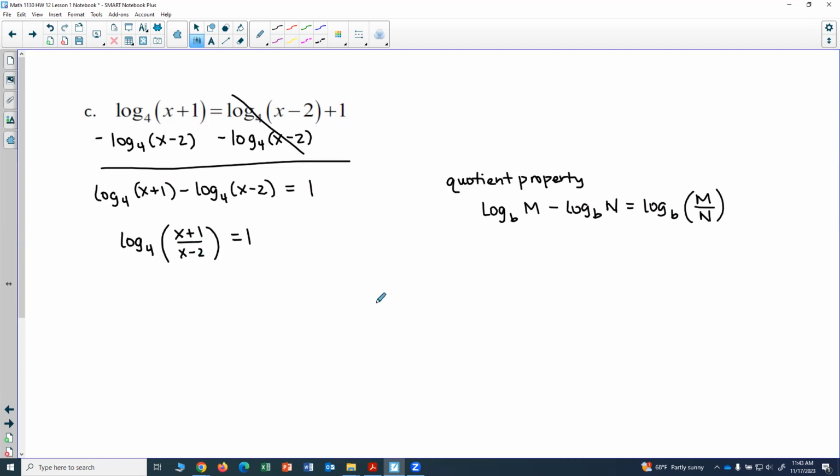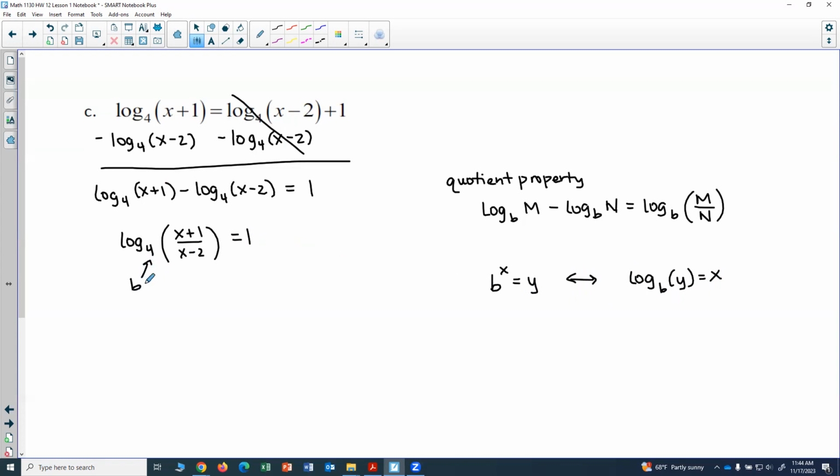equals 1. And then we want to rewrite as an exponential equation. Remember, if we have b to the x equals y, that's the same as log base b of y equals x. So here, the exponent is going to be 1. The base is 4.